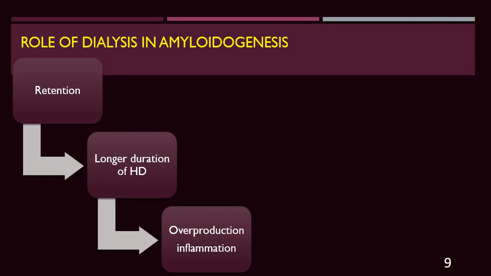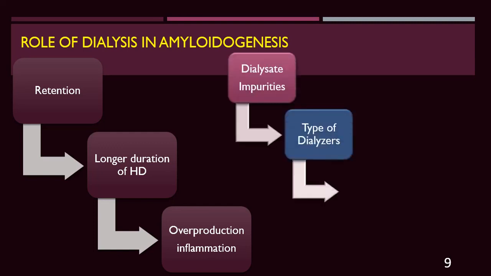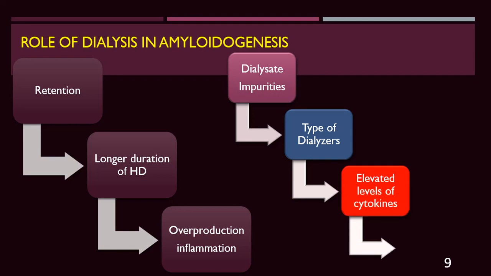In the past, ketoprofen could induce a lot of production of beta-2 microglobulin due to inflammation. So dialysis impurities, type of dialyzers, and elevated levels of cytokines all play a role in the pathogenesis of dialysis-related amyloidosis.